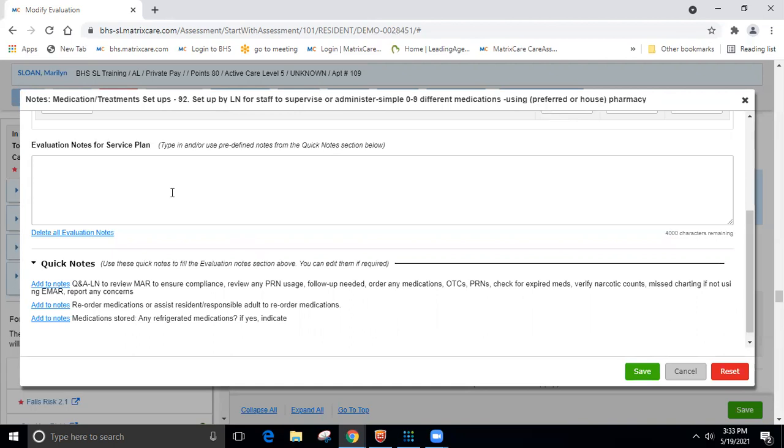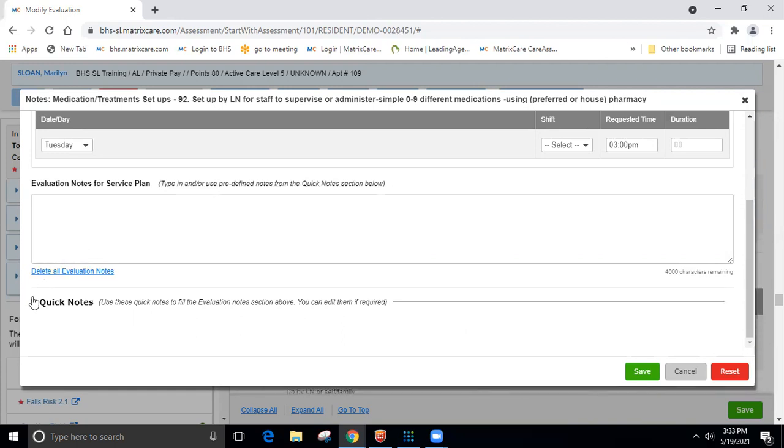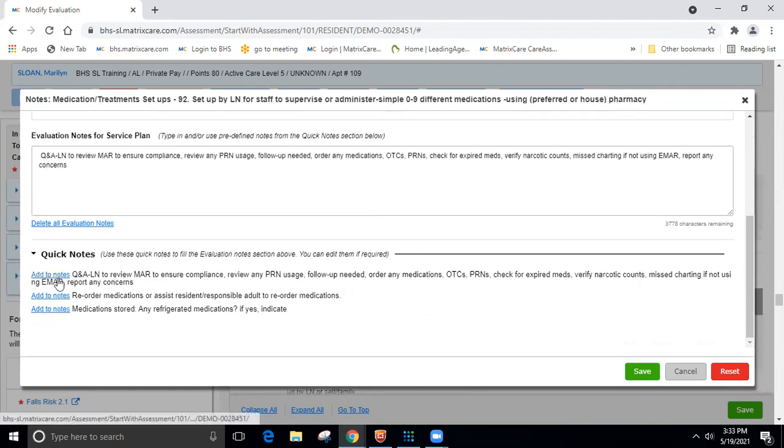Regardless if the meds come once a month or every 2 weeks or whatever your system is, we still want the nurse for quality to go into that med cart and look at those staff that are doing those unlicensed med passes to make sure they haven't made errors, to review any PRN usage, follow up on anything that we see kind of out of the ordinary, check for expired meds, verifying the narcotic counts for minimizing diversion, checking if there's mischarting, all those things, and then making sure we have enough meds for the following week until we check again.